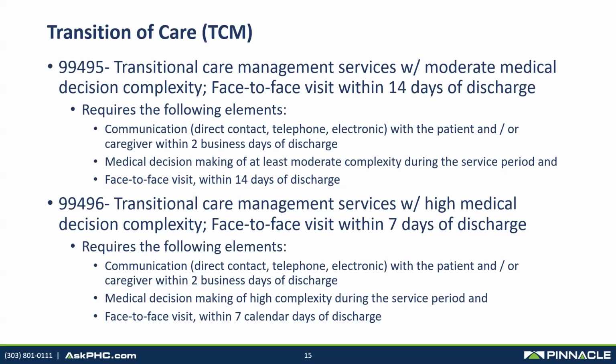And even to the patient's community settings, such as a home or domiciliary rest home or assisted living. The transitional care management commences upon the date of the patient discharge and continues for the next 29 days.